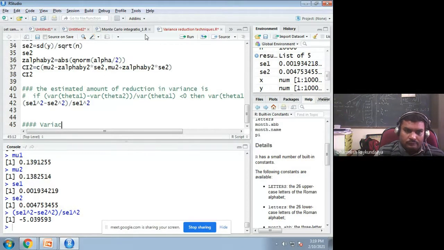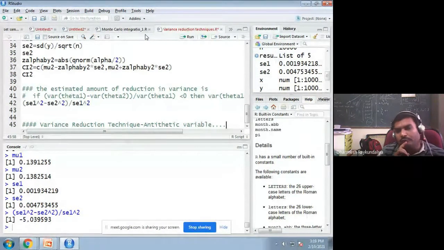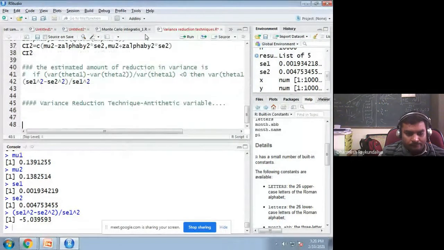So let us try to generate using the variance reduction technique, antithetic variable, and the evaluation is of the same integral.